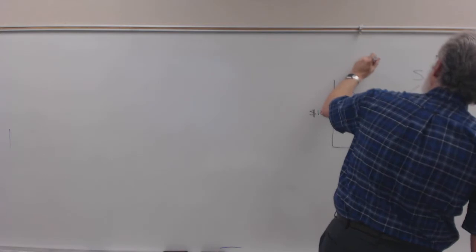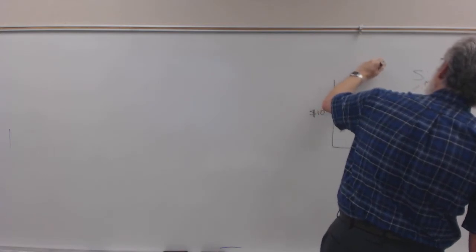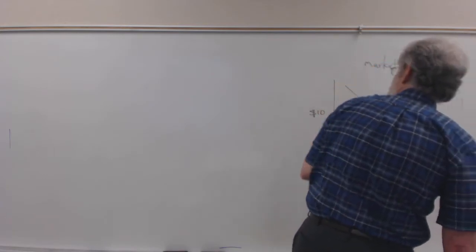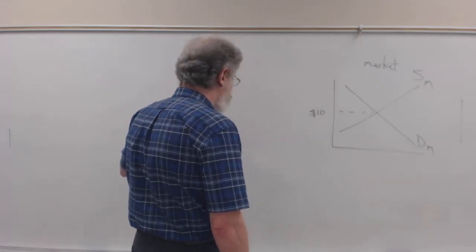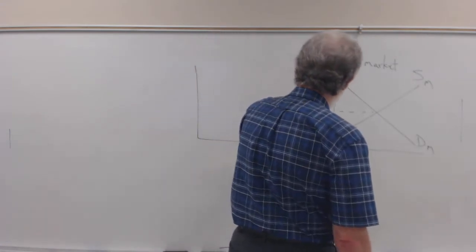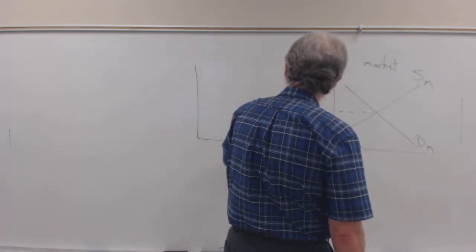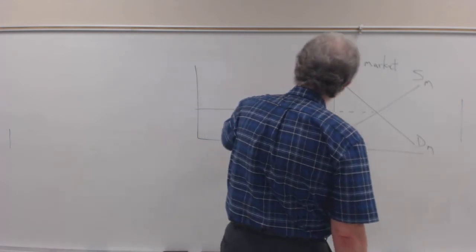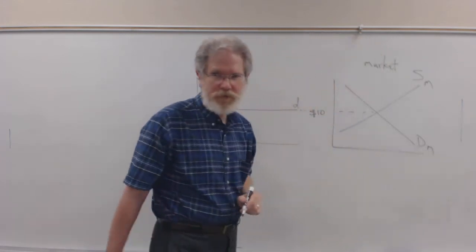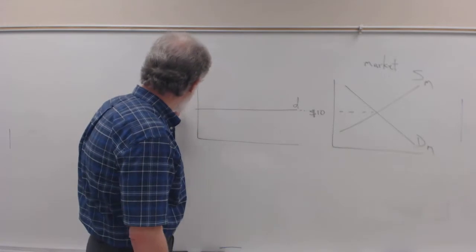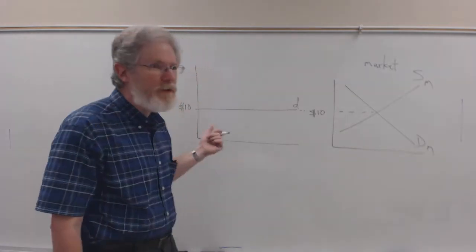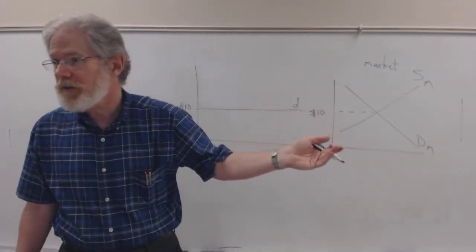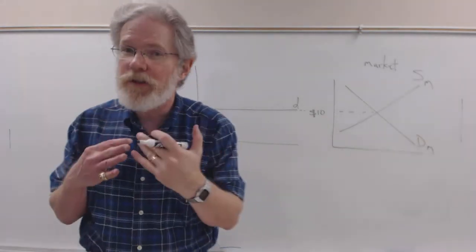This is the overall market. And what is relevant for me is a horizontal demand curve. I can sell 1 unit, 10 units, 100 units. I can sell as much as I want or as little.